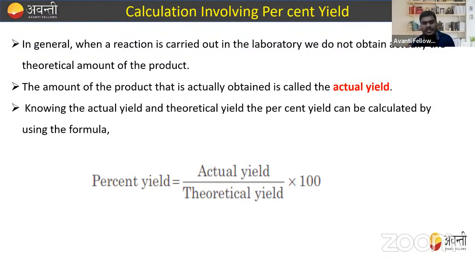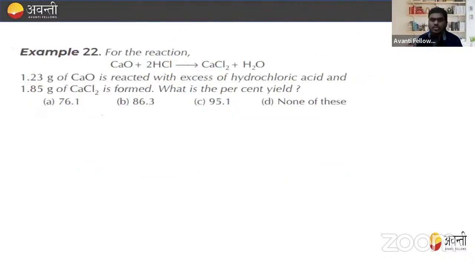Percentage yield is equal to actual yield divided by theoretical yield, into 100, right? So we can calculate percentage yield using such a simple formula. Let's see the question and try to solve it.